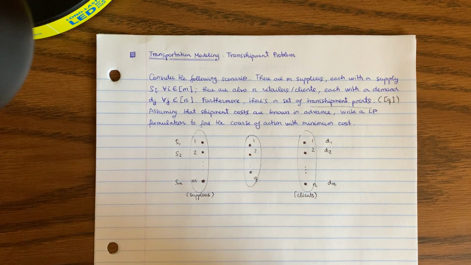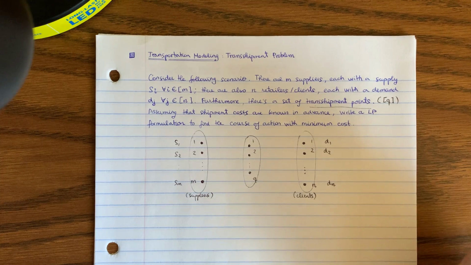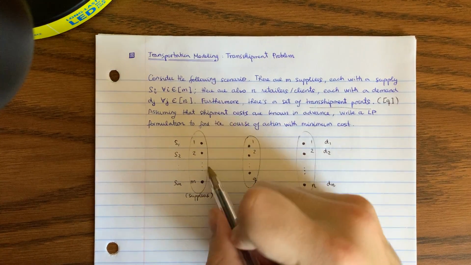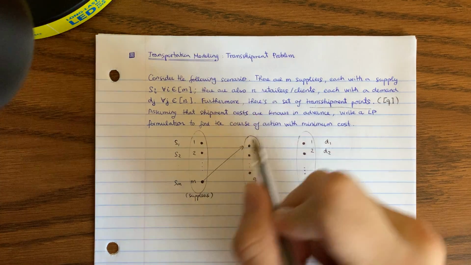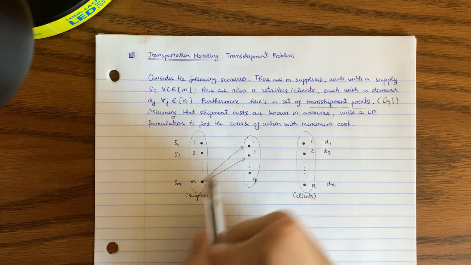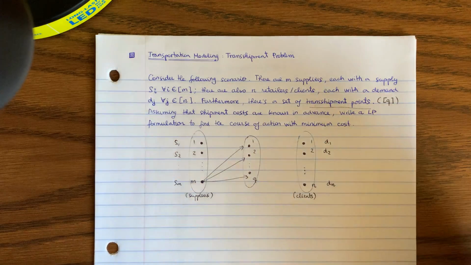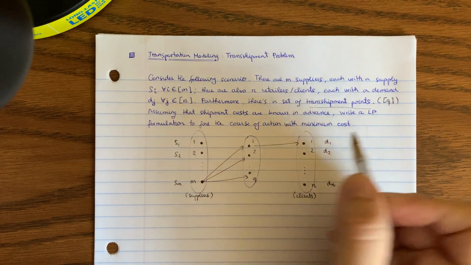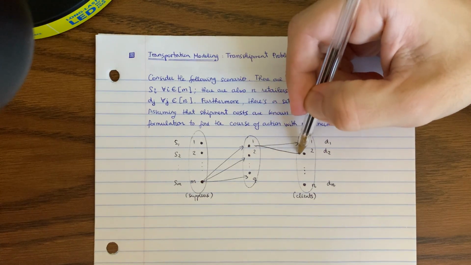Okay, and you can see how there are so many different decisions. Like supplier M can send products to so many different transshipment points, and then from each of those transshipment points, the products can travel to each of the clients, right?